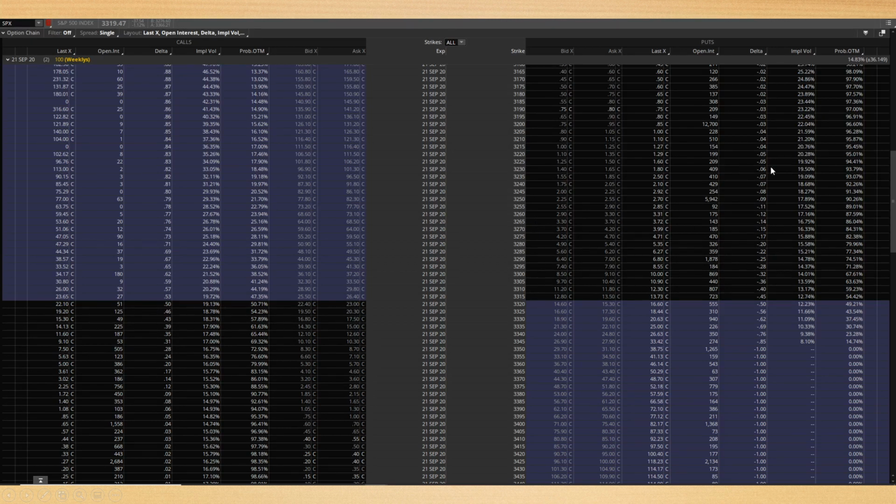So you can come down here and say, okay, the 3,200 strike expiring September 21st has a 96.6% chance that it's going to expire out of the money. That's a pretty good probability, right?